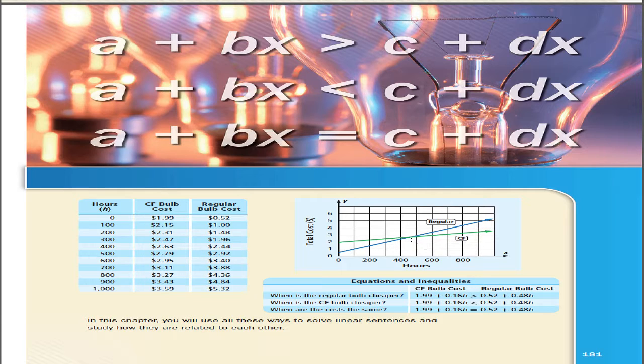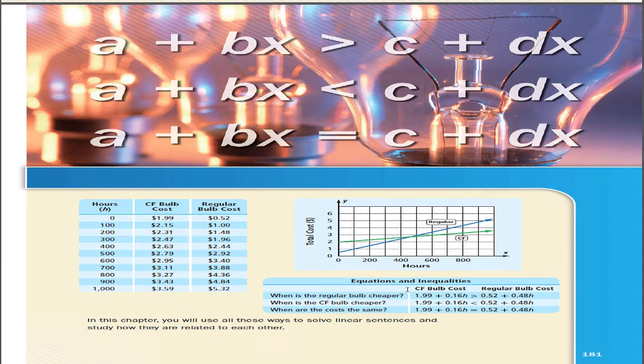pick a number. It's more than 450. Is it 460? I don't know, maybe. So we might say around, somewhat greater than 460 hours, or anything greater than 460, something to that effect. When we look into this table, we can see that where we have the change occur is somewhere between 500 and 600.